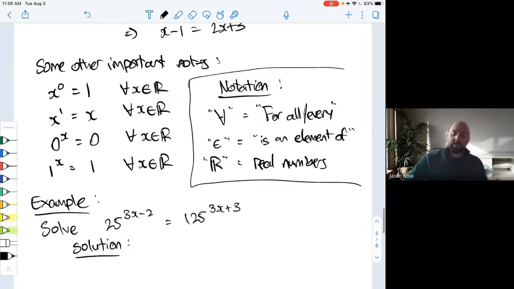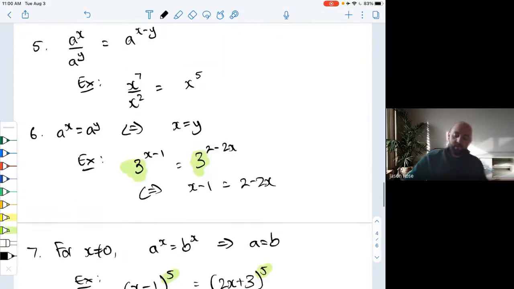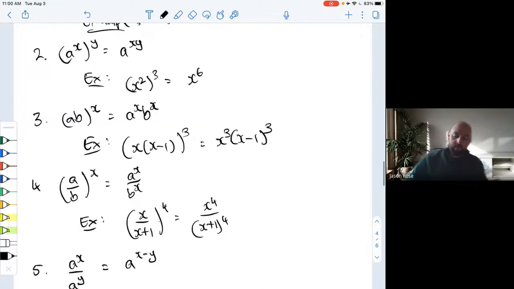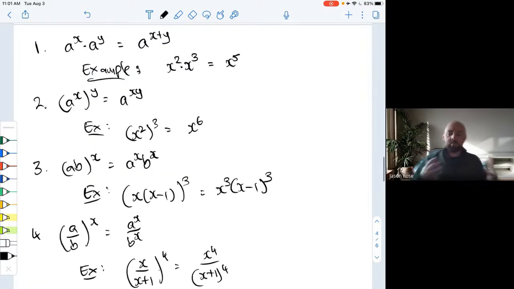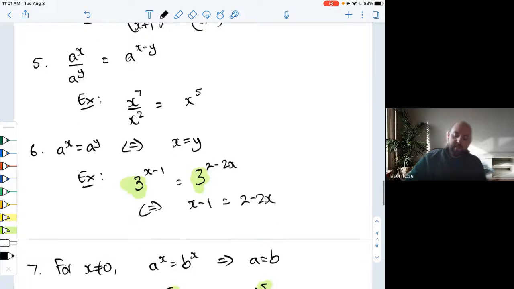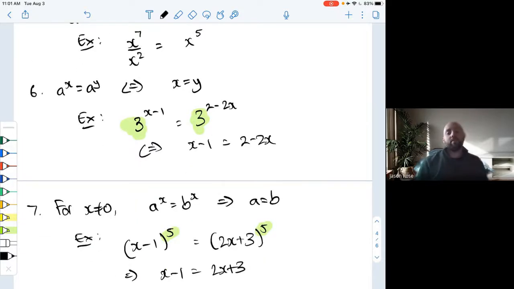Now, going back to these properties, I want to use them somehow. The first 5 were kind of basic ones that tell you how to interact with powers of powers, multiplying powers, distributing and so on. It's the last 2, number 6 and 7, that we're going to use.